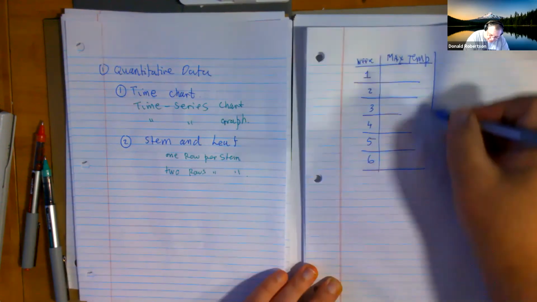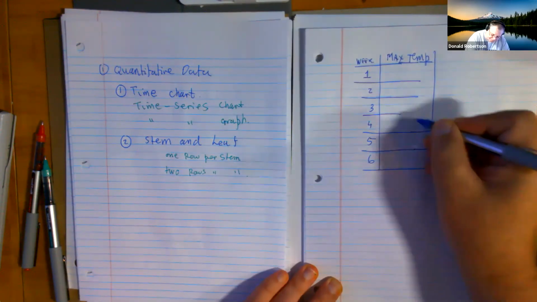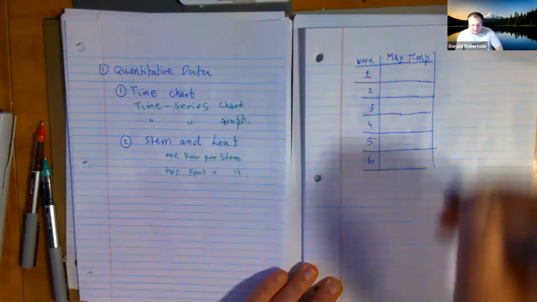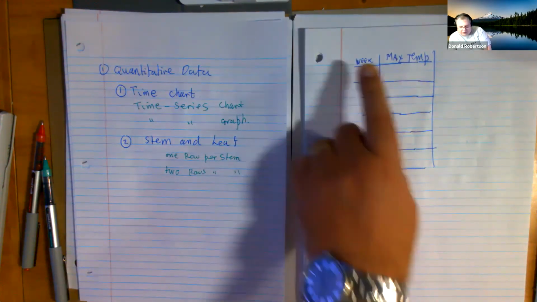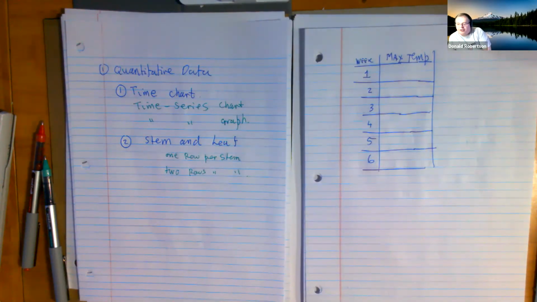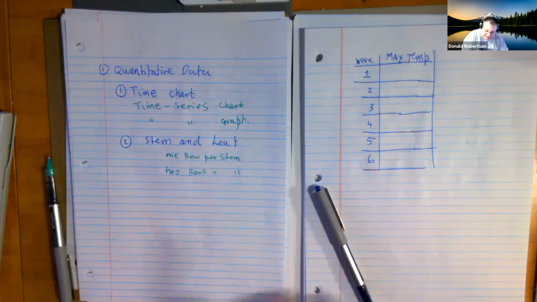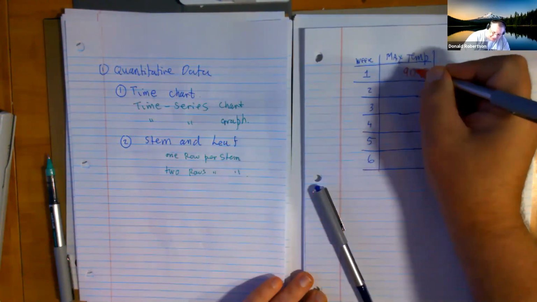So you had a little 6-week window. And in that week, you found what was the maximum temperature it got on any day, day or night in that week, what was the hottest it ever got. And you just recorded that, nothing else. And it was 90 degrees.